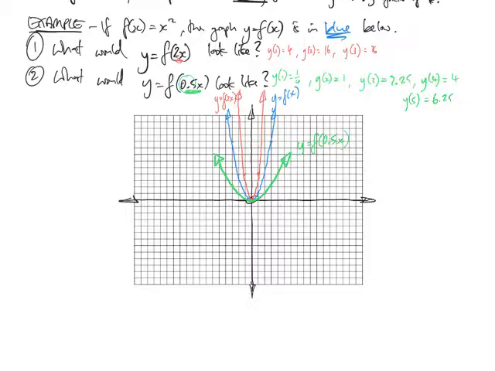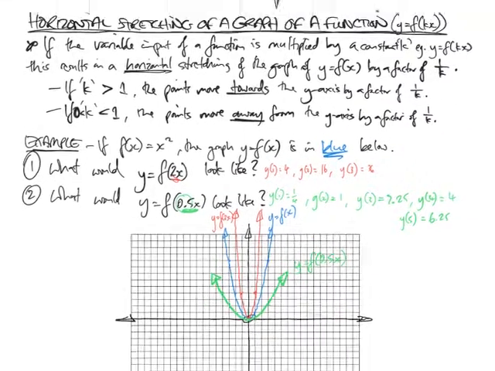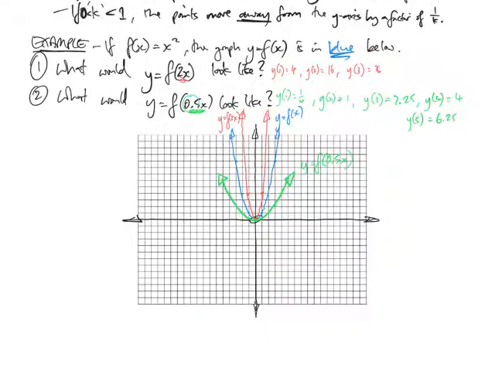So at x equal to 2, all of these points are twice as far away from the y-axis as they were in the original blue graph. Alright, so that's just confirming the rule that's given here, that if k is between 0 and 1, the points all move away from the y-axis by a factor of 1 on k.